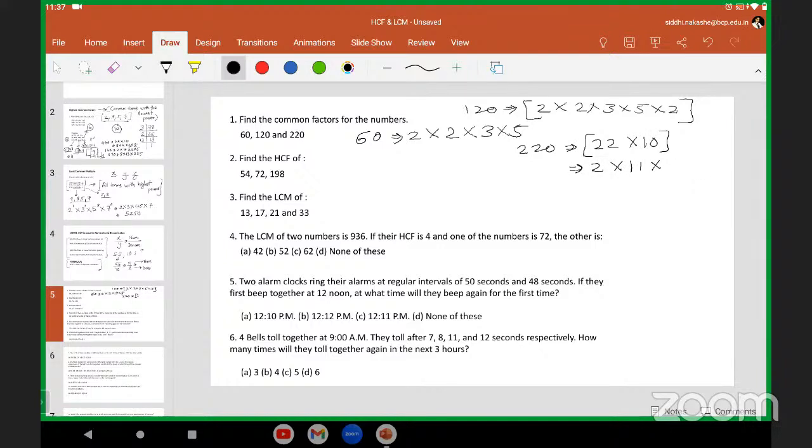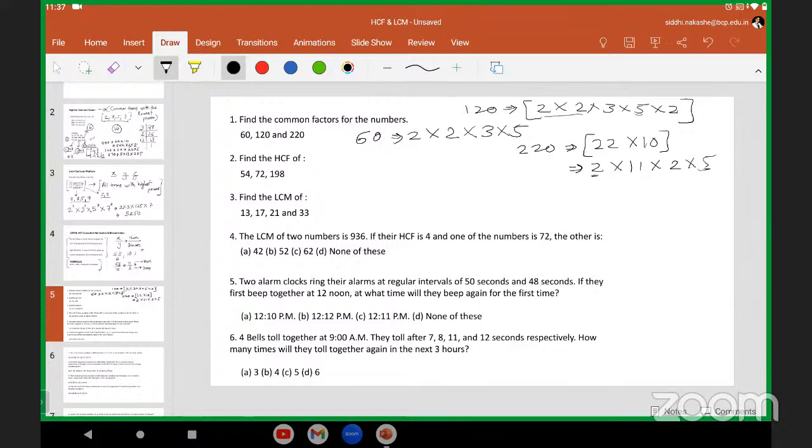If you look at this closely, what are the common factors? When we have to find common factors, we only find the numbers, right? Which numbers are common over here? 3 is not common in all, 5 is common, and 2 is common. So there are only two common factors, that is 2 and 5.